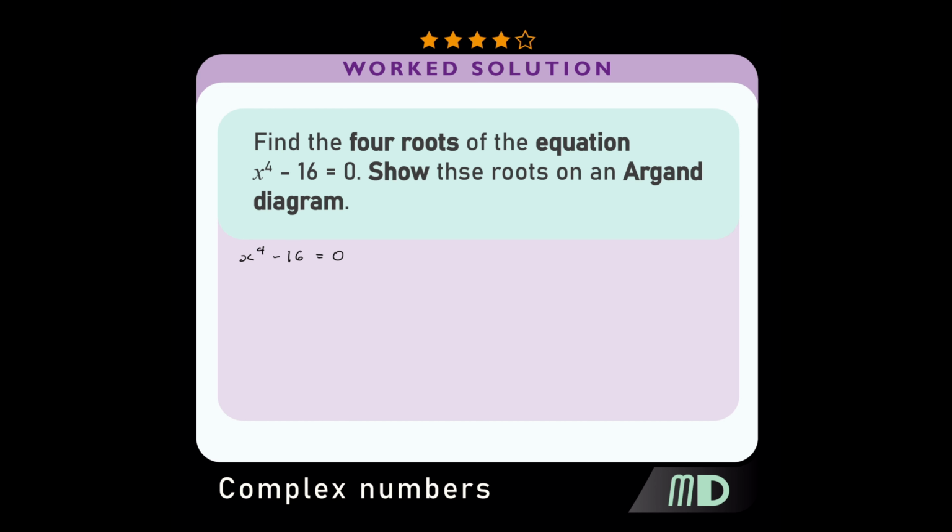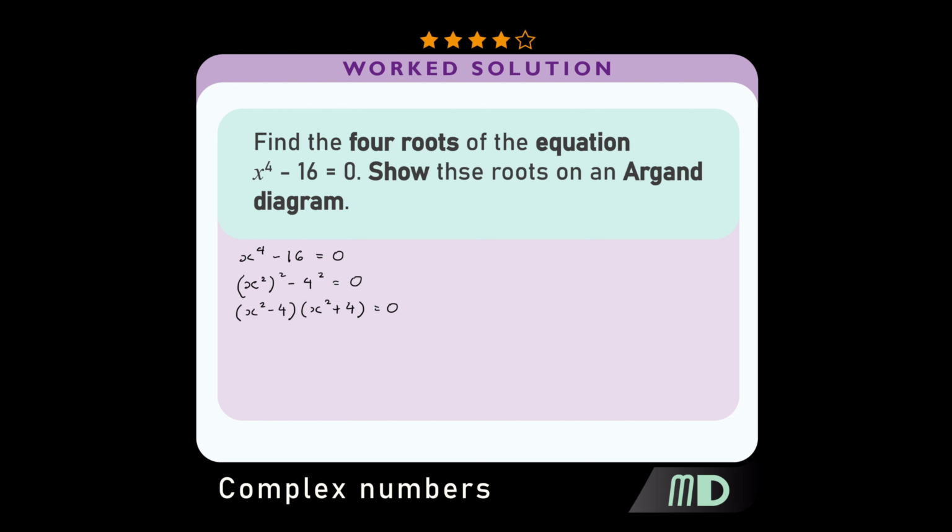The square root of the constant term 16 is 4, which means we can rewrite this as x squared minus 4 squared equal to 0, which, by applying the difference of 2 squares, is equivalent to x squared minus 4 and x squared plus 4 multiplied together equal to 0.